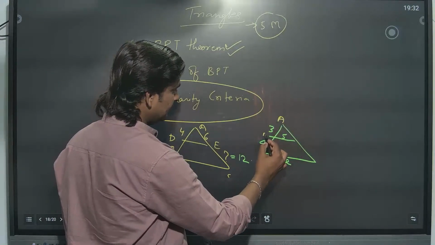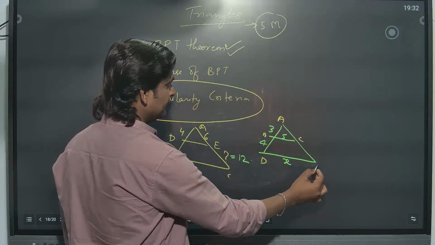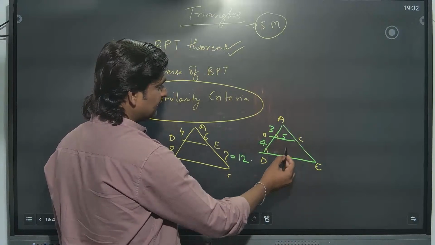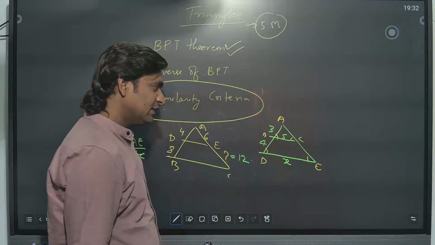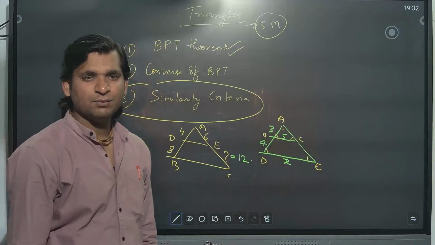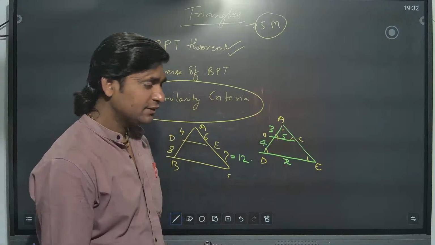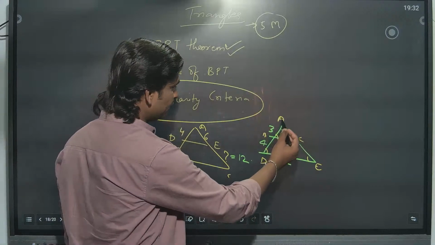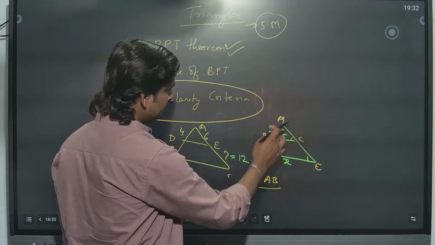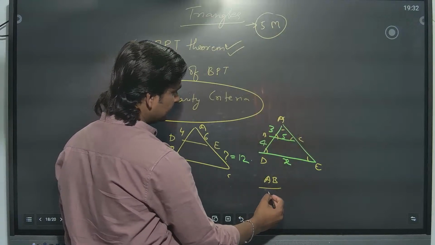Now A, B, C, D and E. You can see this angle and this angle are equal, this angle and this angle are equal, and this is common. So by angle, both triangles are similar. So their sides should be in proportion. So AB by AC, you take AD is nothing but 7.